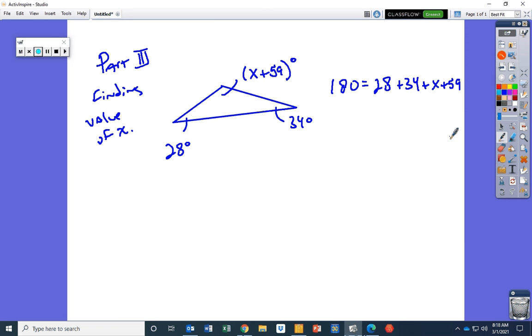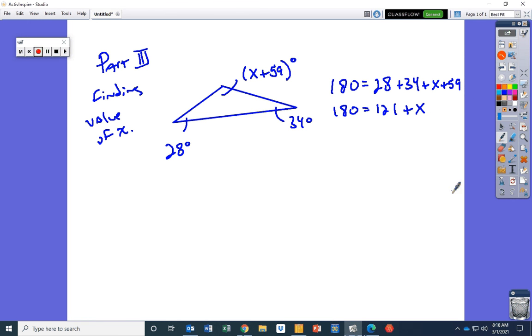Now I'm still trying to solve for X here. So what am I going to do with all of these measures? I'm going to combine them, right? Good. So 180 equals, what's 28 plus 34? 62. And what is 62 plus 59? 121. So this is 121 plus X.